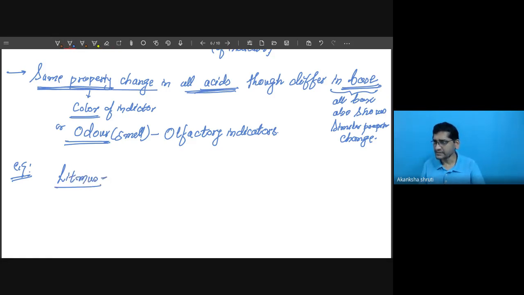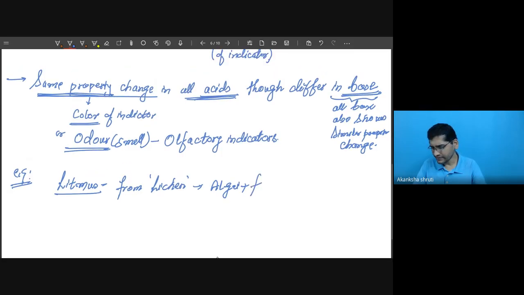This litmus is a chemical obtained from a thallophyta plant called lichen. This lichen is algae plus fungi, both living together in a symbiotic relation. It will grow, and you take their juice.